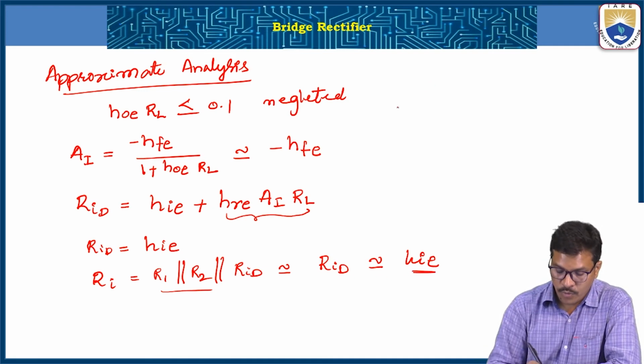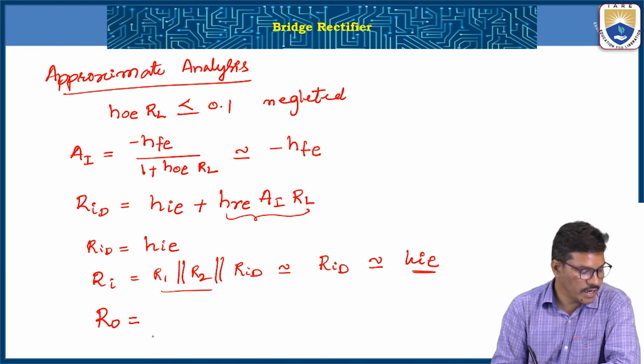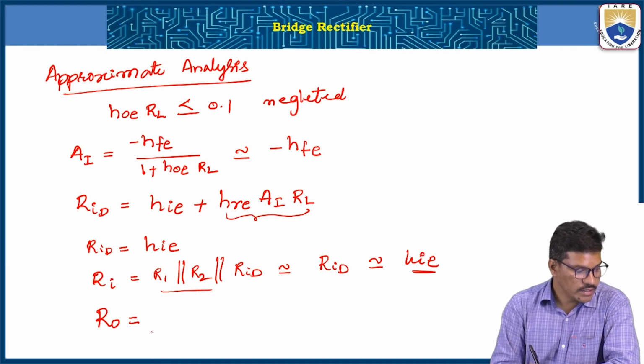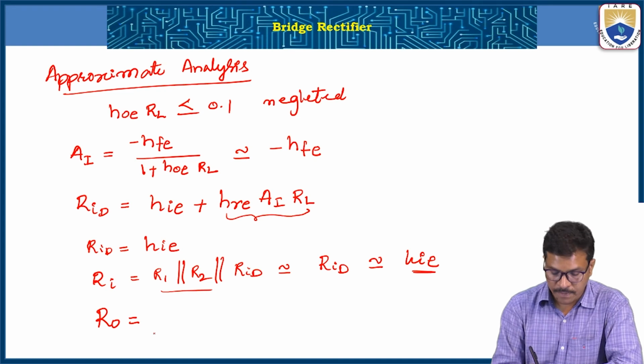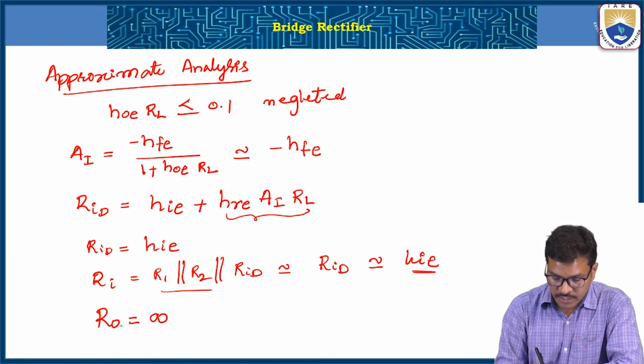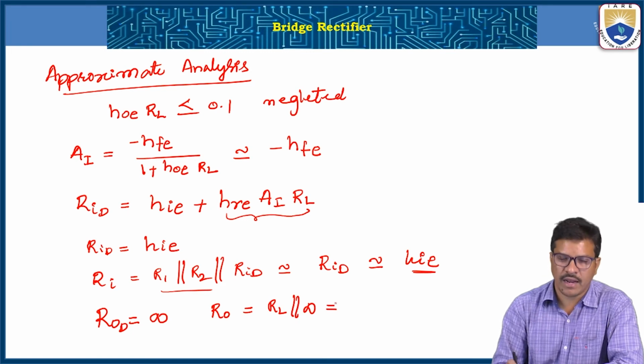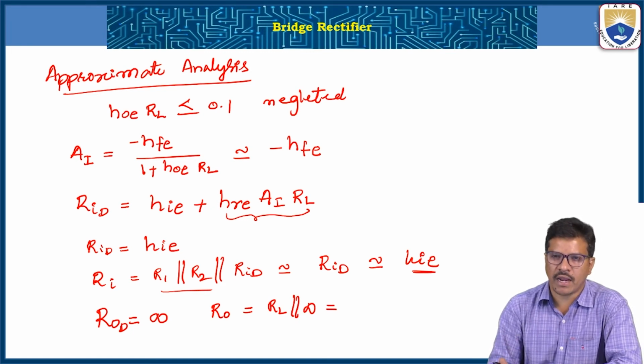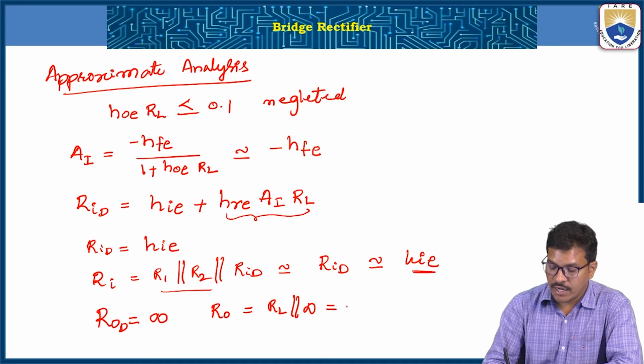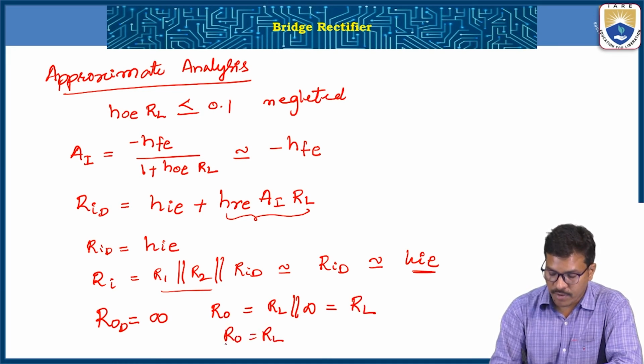Then the output impedance R0: basically it is infinite for the device, and with the external circuit it is RL parallel with infinite. Any large value in parallel with RL results in RL. So R0 is equal to RL, which is given in the problem.